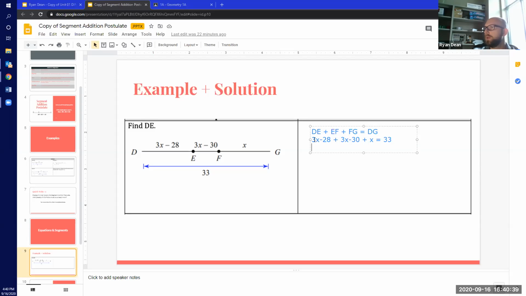Now from this point, it's all about combining like terms and manipulating this equation to get x by itself on one side and then a number on the other side. So when I combine all of these things together, I'm just going to circle all the x's in yellow. So I have 3x, another 3x, and then just 1x by itself.